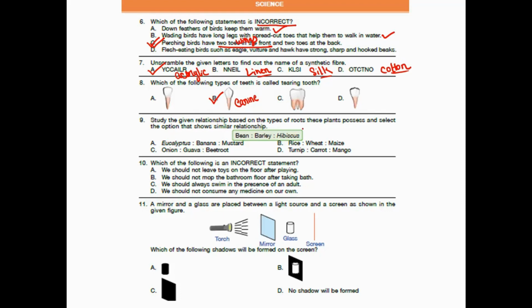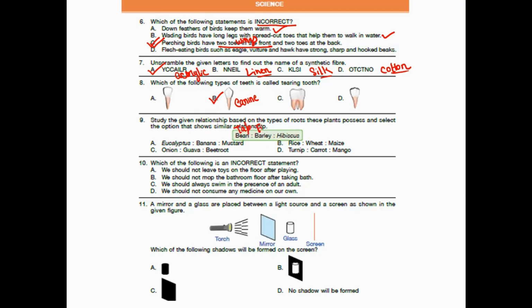Coming to question number 9. Question number 9 says, study the given relationship based on the types of root these plants possess and select the option that shows a similar relationship. So we can see here we have the options bean, barley and hibiscus. So we have to find out the same pattern of roots in other plants. So bean, as we know, is having tap root, right?